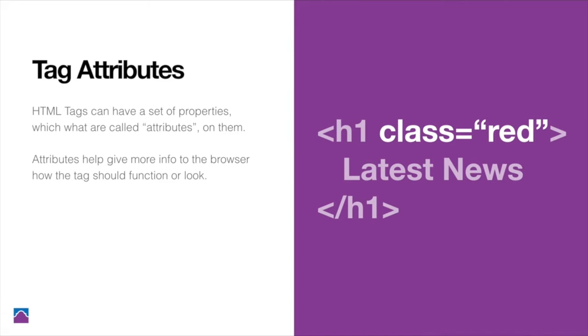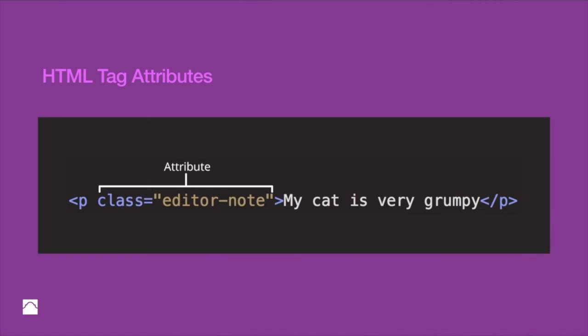I'm setting the attribute class, and I'm setting a value to it. I'm saying red, which represents that I should have a CSS class called red somewhere in my HTML files. So that's basically what the attribute is.